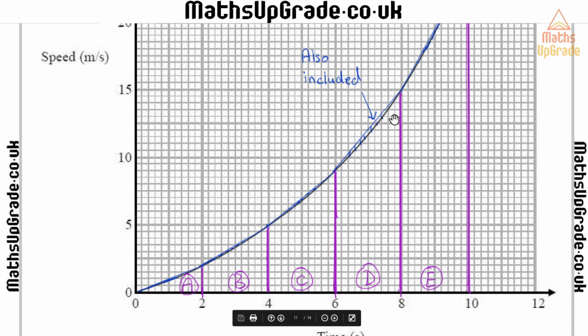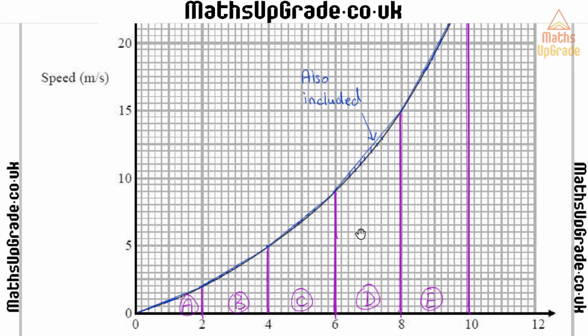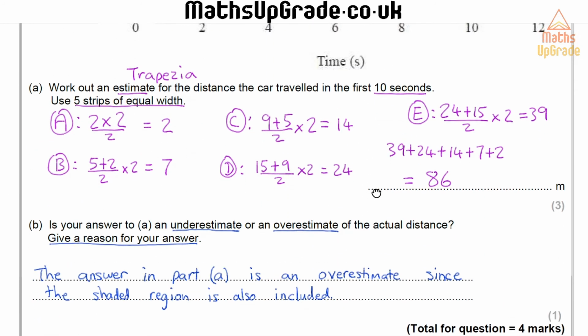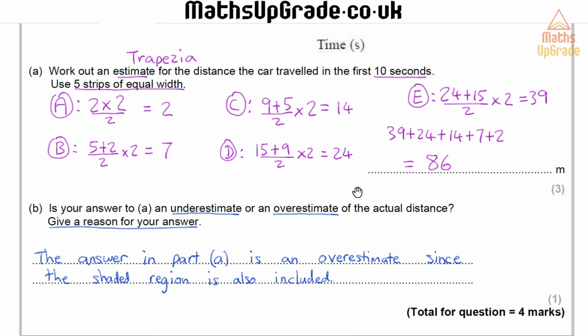It's a bit clearer on section D. If I'm finding the area of this whole trapezium on section D, I'm actually including an area which is not underneath the curve. So my estimate here for section D is going to be slightly too high. And it's similar for A, B, C, and E, right? There's going to be slightly too much area which I'm including in my calculations. So my answer to part A is actually an overestimate, since the shaded region is also included.